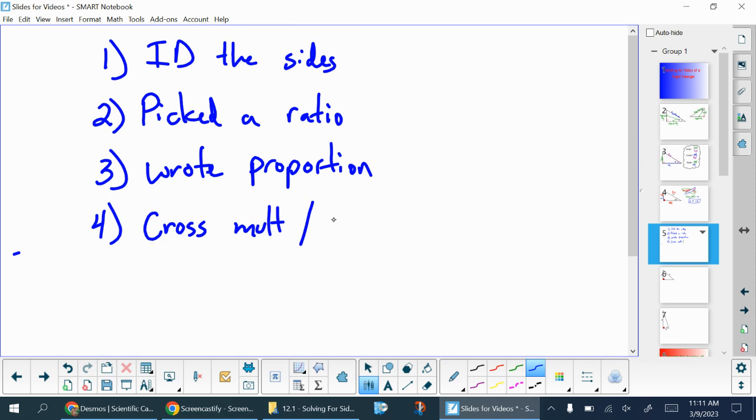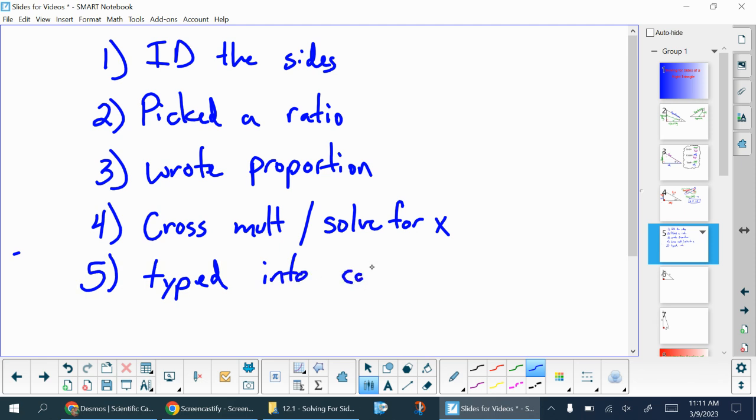And we can put cross multiply and solve for x. That's our algebra step. And then step 5, only after we've already got it into x equals form, then we typed it into the calculator. That is really important that that step number 5 comes last.